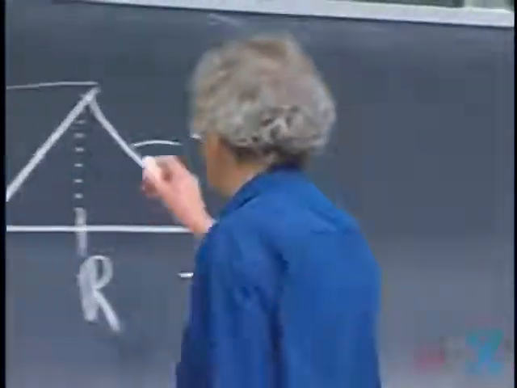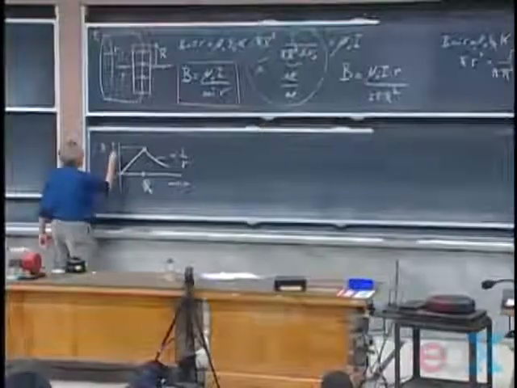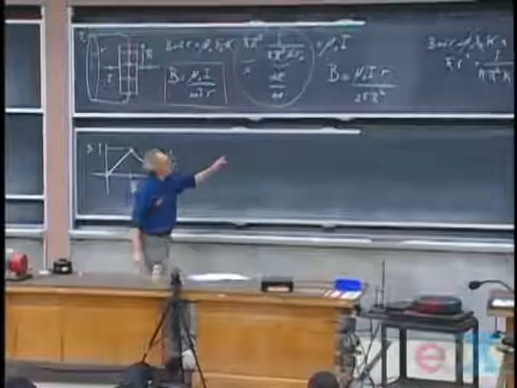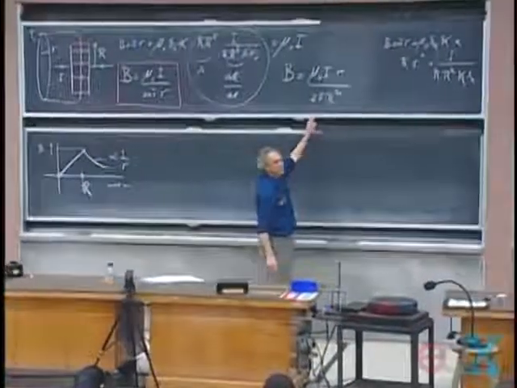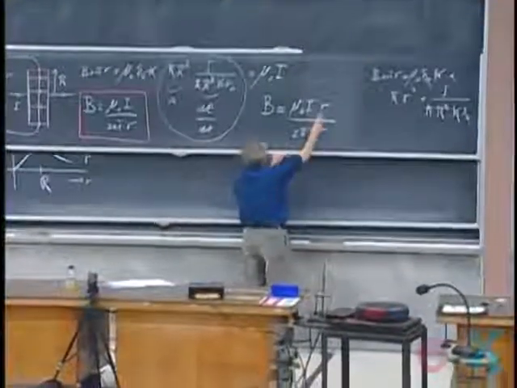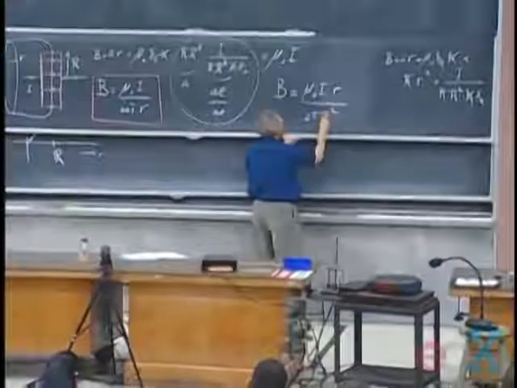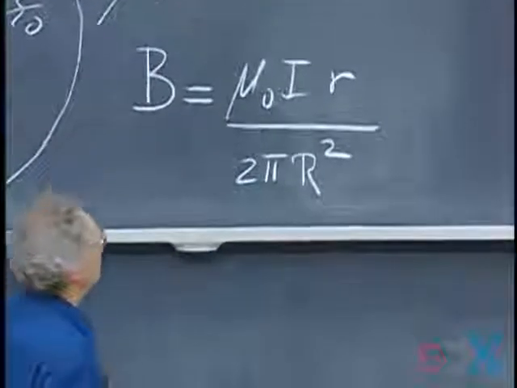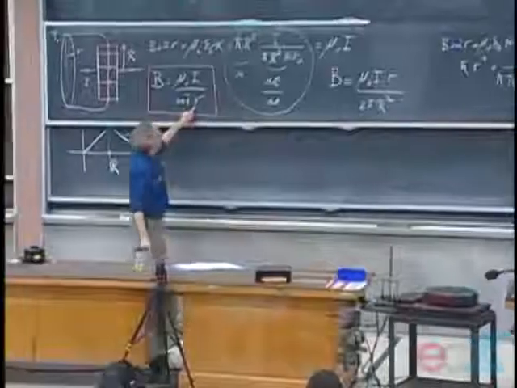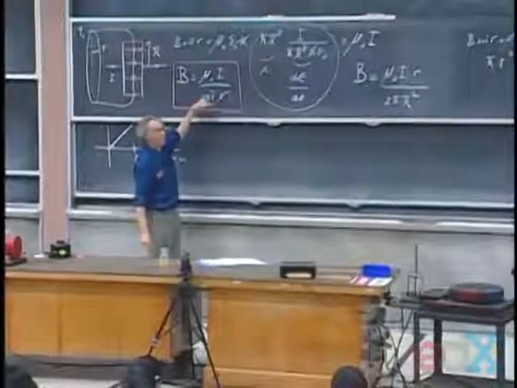The maximum magnetic field here, you find by substituting in there for little r, capital R. And when you do that, if this becomes capital R, this becomes 1 over capital R. If you had substituted in here for little r, capital R, you would have found the same result.